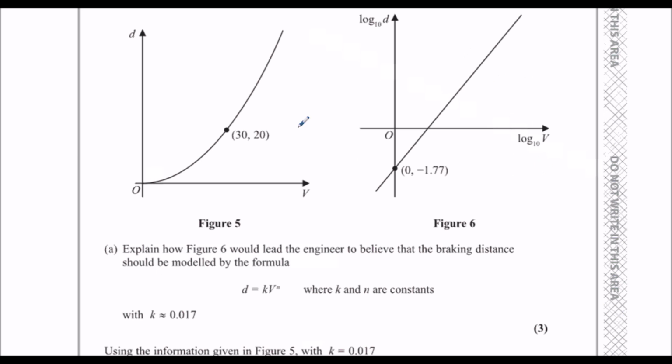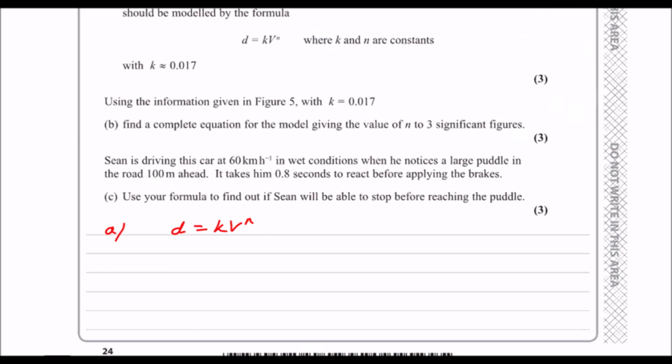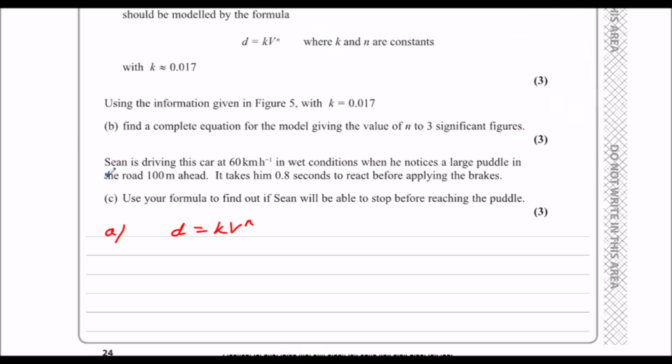Let's try and relate it to figure 6. So if we log both sides, log base 10, we'll have log 10 d equals log 10 of k v to the power of n.